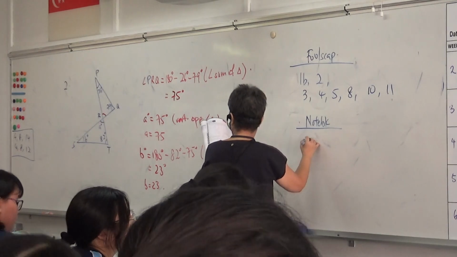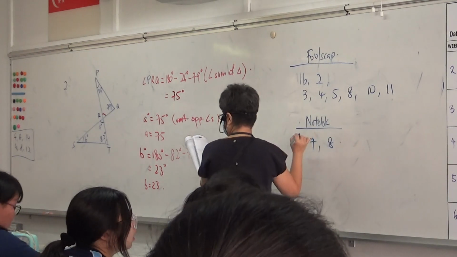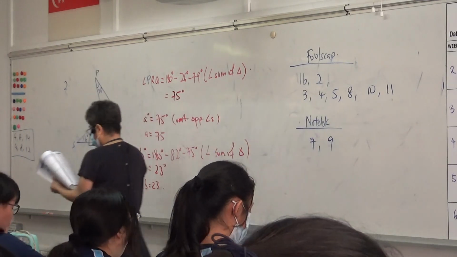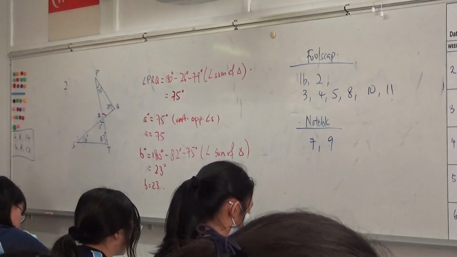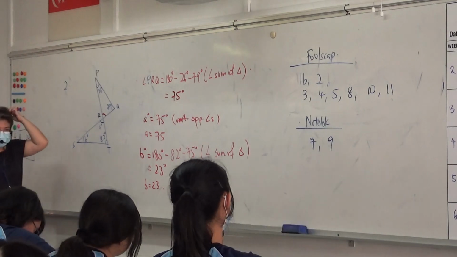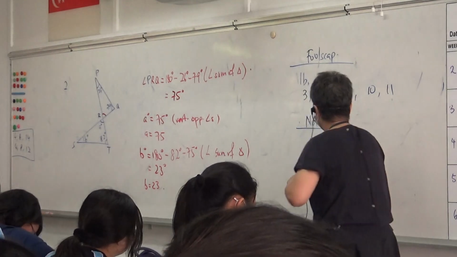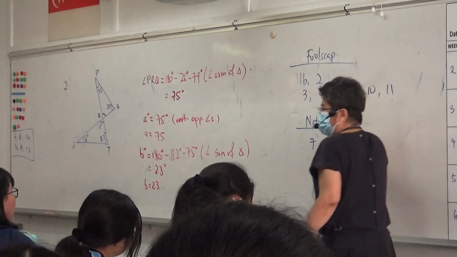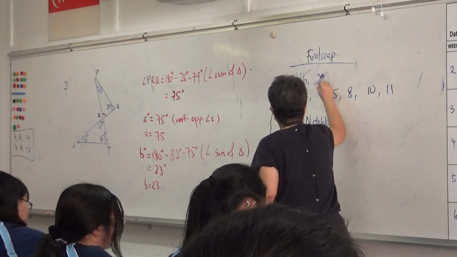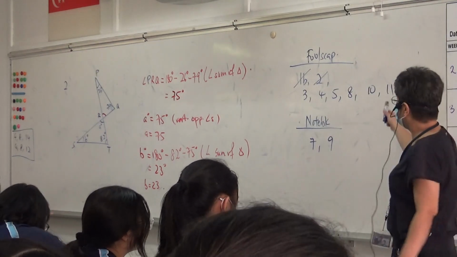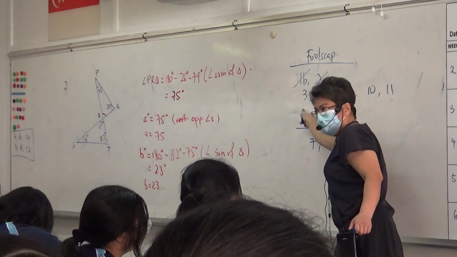Four first, never finish. Wait. Now, all of you listen. I have already done this and this, correct? Yes or no? So there's only 1, 2, 3, 4, 5, 6.